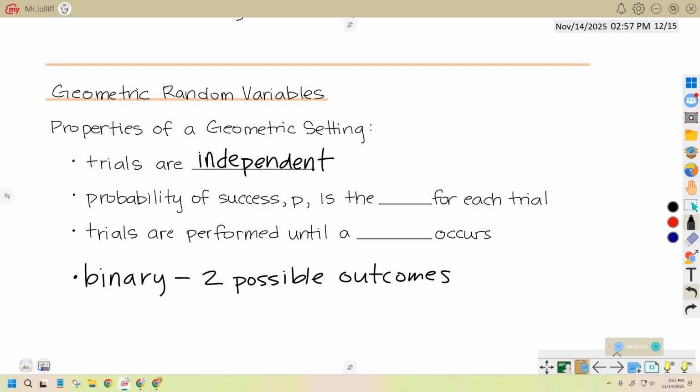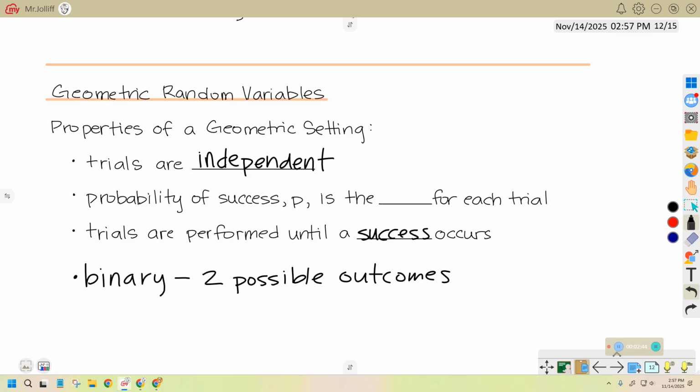What does the N stand for? Number of trials. That was the thing we were keeping track of with a binomial distribution: how many trials were successes out of n trials? Now we are counting the number of trials until a success occurs.